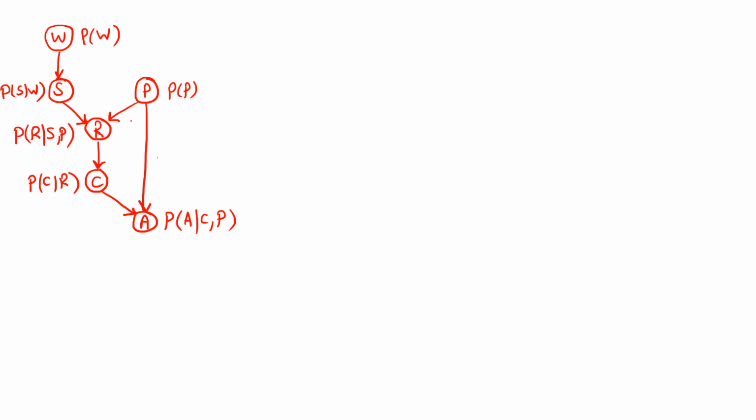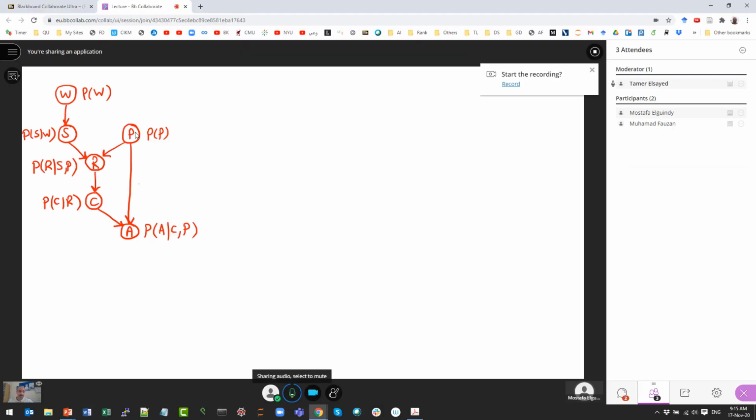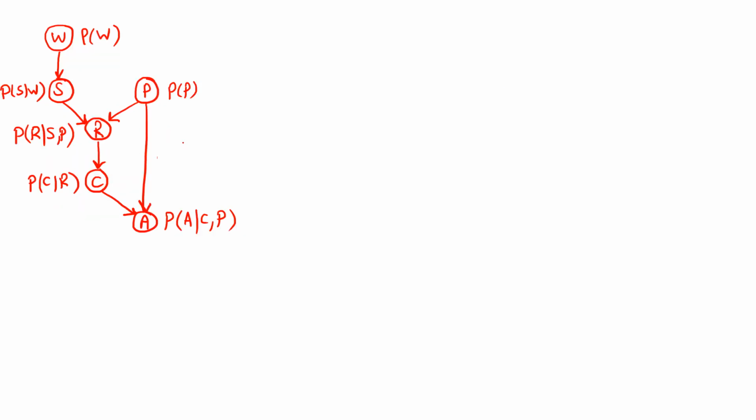What is the size of the conditional probability table for R? Muhammad, what is the size of the CPT of R? Okay, so step by step. Muhammad, what are the variables involved in this CPT?